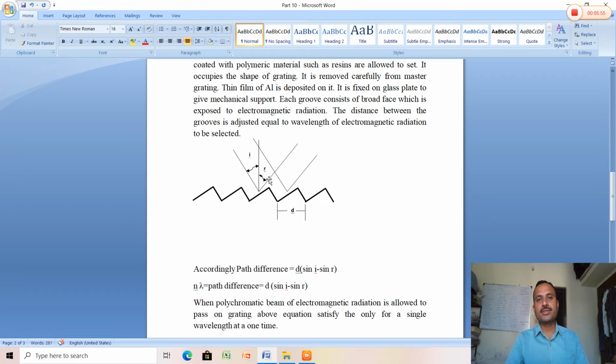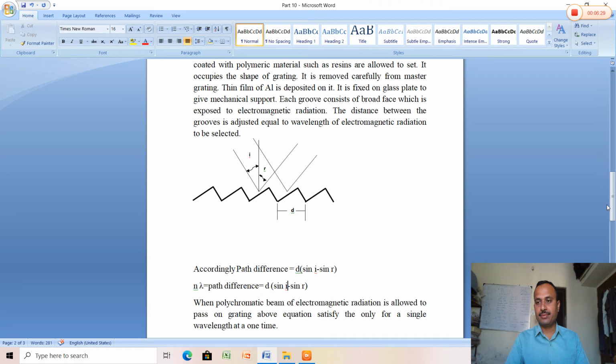This is the path difference, and it is given by n lambda according to the formula: n lambda equals the path difference, which equals D into sine of the angle of incident radiation minus sine of the angle of reflected radiation. So n lambda = D (sin i - sin r). This formula is useful in absorption measurement.